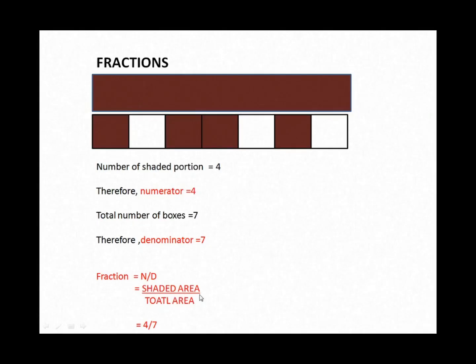This line, children, to which we say upon, is a fraction line. Upon that is total area. Total area again means the total divisions we have made. So, the fraction will be 4 by 7. This is the example to find out fraction.